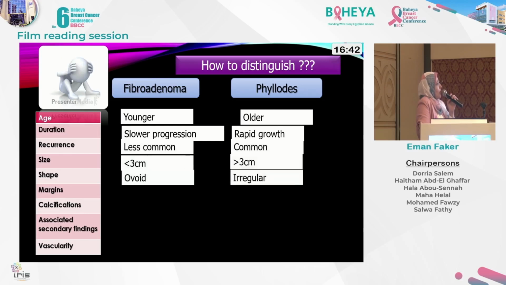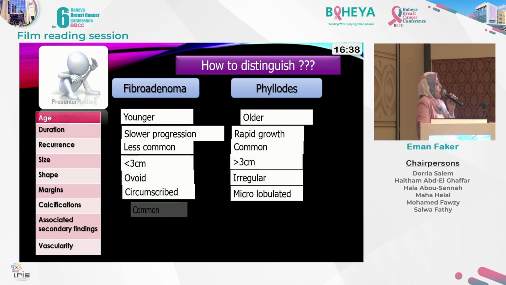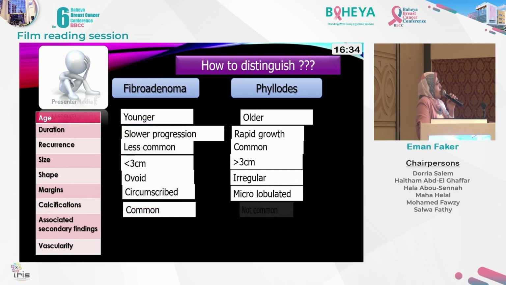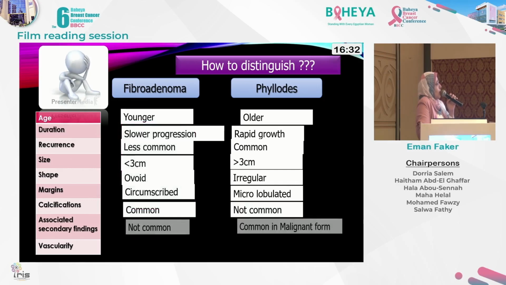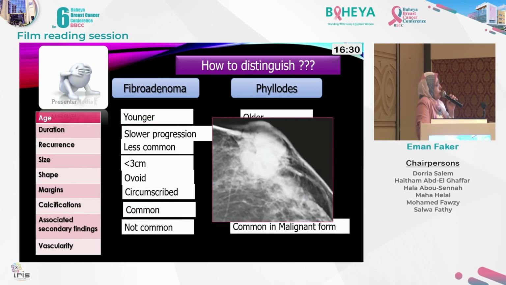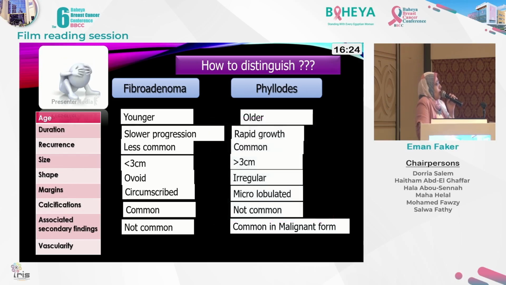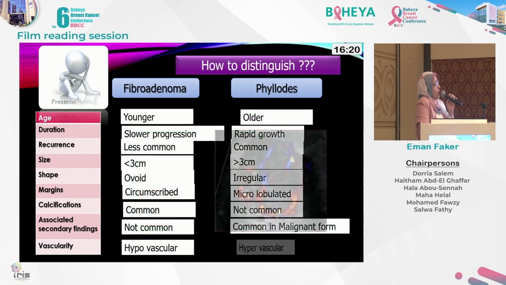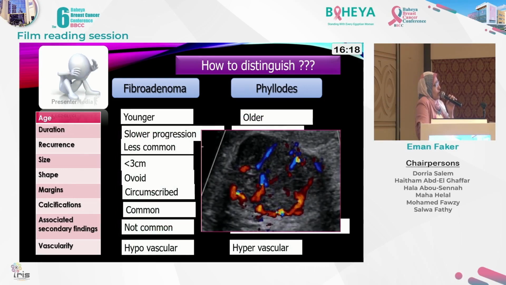The shape is irregular, more microlobulated. Calcification is more common in fibroadenoma than phyllodes. Associated secondary findings are common in phyllodes, mainly the malignant form, like skin ulceration, nipple retraction, and skin retraction, more than fibroadenoma. And of course, the vascularity of phyllodes is more, showing very hypervascular on color Doppler.